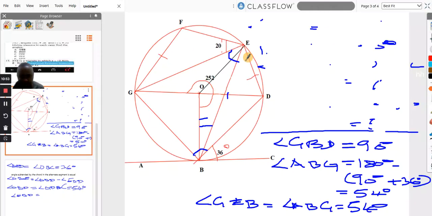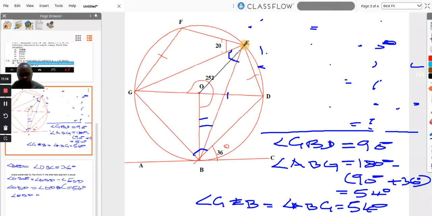Now, if you look at angle EBD, now you see this chord. You are told that chords GF and ED are equal. Remember that equal chords will subtend equal angles at the circumference.